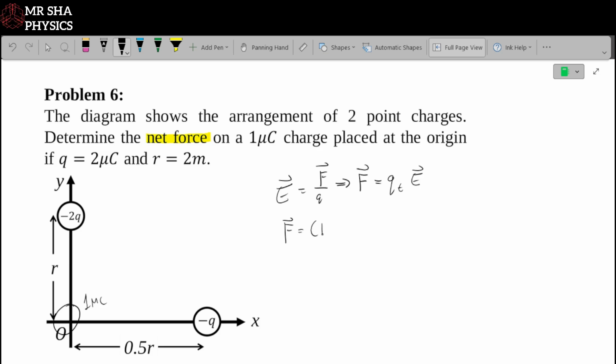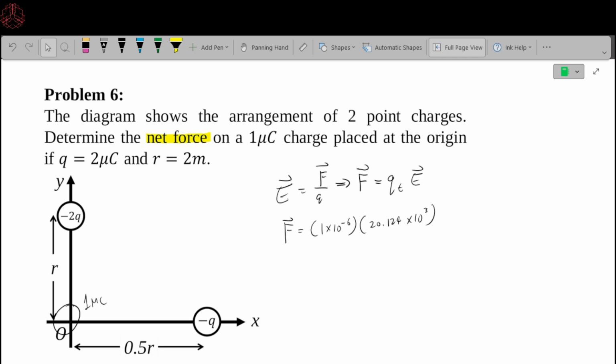I can have 1 times 10 to the power of negative 6 and then times 20.124 times 10 to the power of 3. So let me just key that into the calculator. I have 20.124 times 10 to the power of 3, and then multiply that with 10 to the power of negative 6.